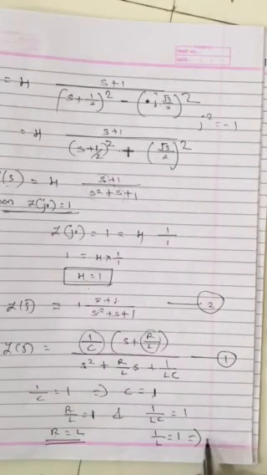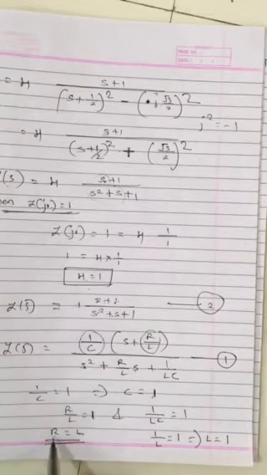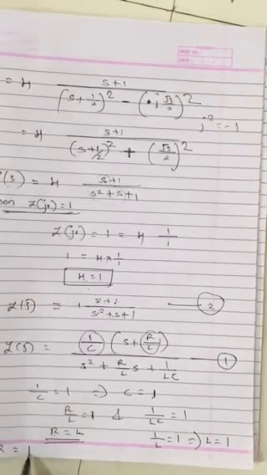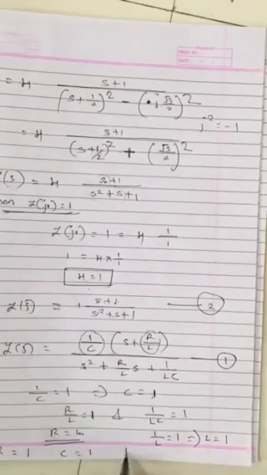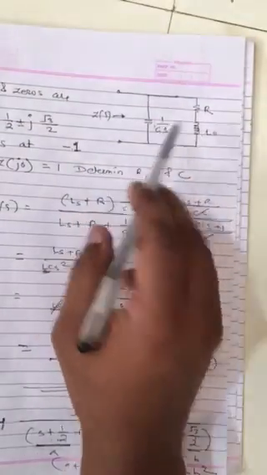So 1 by L equal to 1, hence L equal to 1. If I put it over here, R is equal to 1. So from this I can say that R equal to 1, C equal to 1, L equal to 1. So I have got the values of R, L and C.